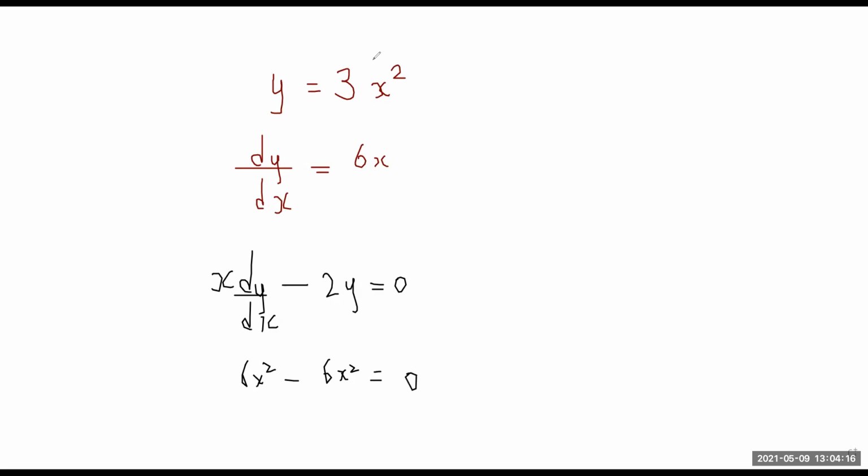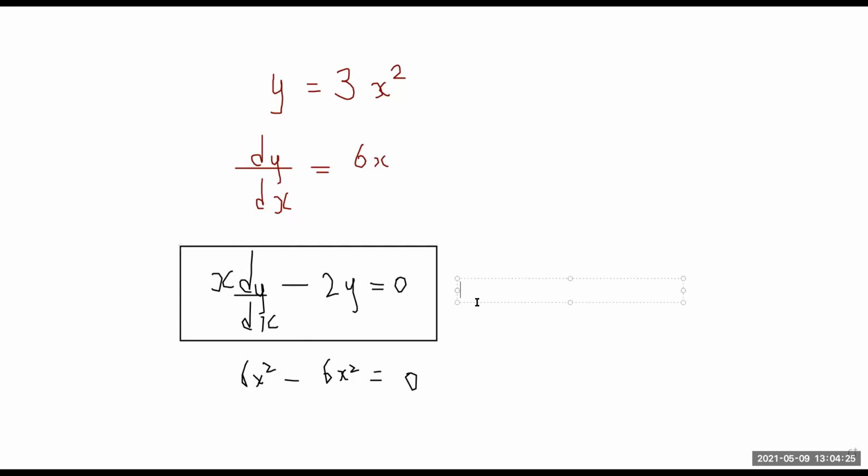And then this would be 0, right? Yes, sir. So what I'm trying to say is sometimes they can give you this equation and ask you to find y. They can give you this and ask you to find the general solution. Find y. If they give you this and ask you to find y, what you're going to have to do is solve what is known as a differential equation.